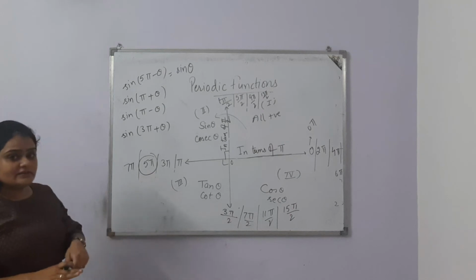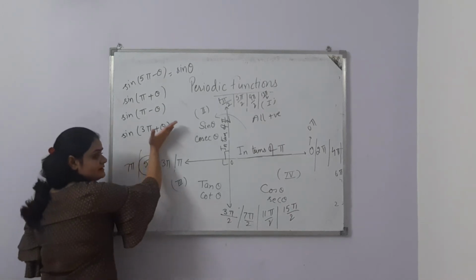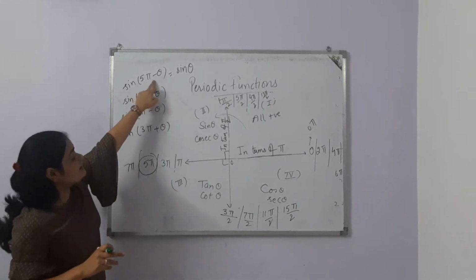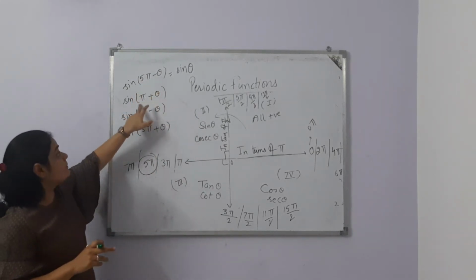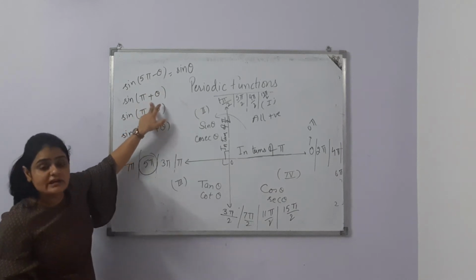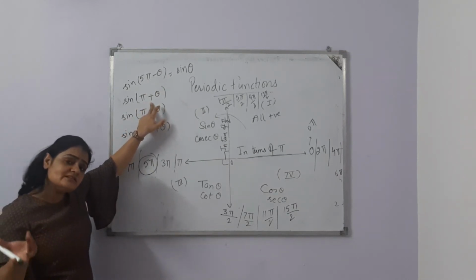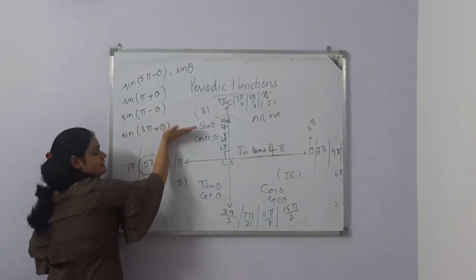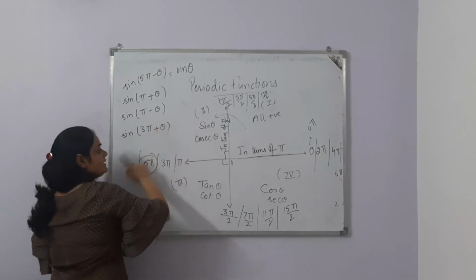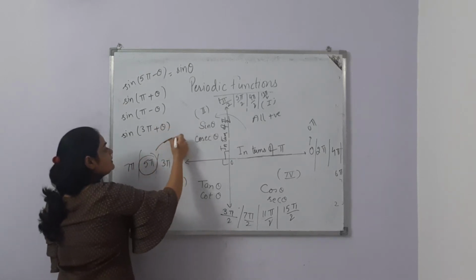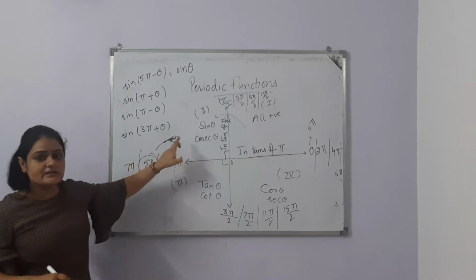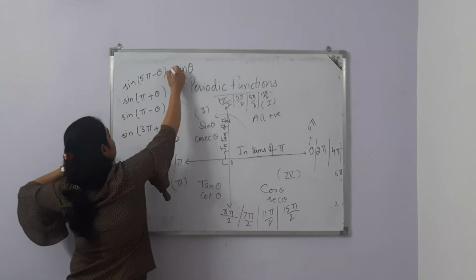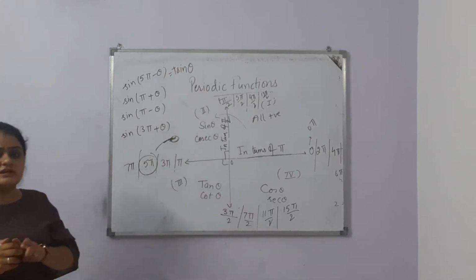So 5 pi minus means clockwise direction, and 5 pi minus means I am in the second quadrant. This is your second quadrant, and in the second quadrant sine theta is positive. So I am getting the answer positive sine theta.